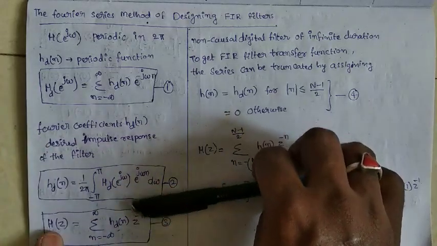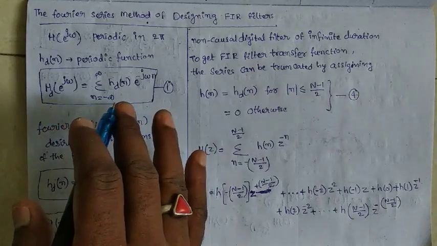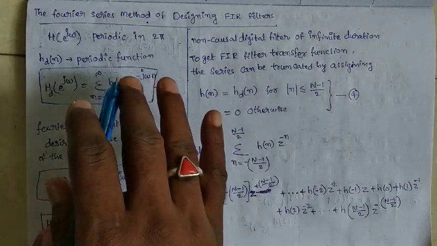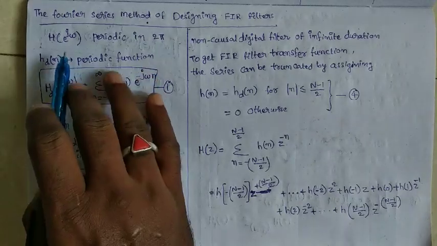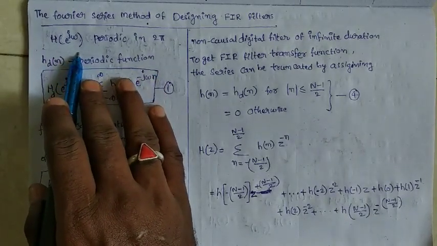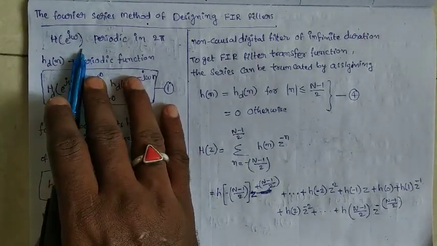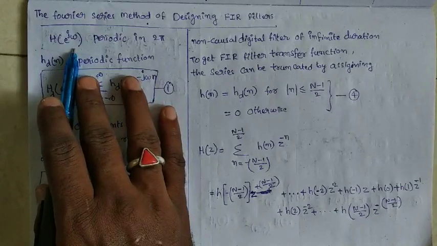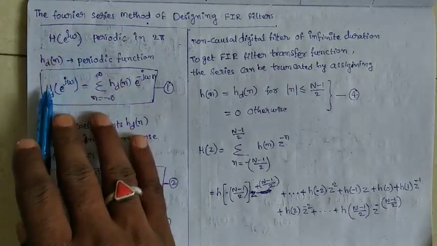Now, what is the frequency response of the system, and how do we represent it? It is H of e power j omega. This H of e power j omega is periodic with a period of 2 pi radians. Here I am considering the impulse response hd of n.